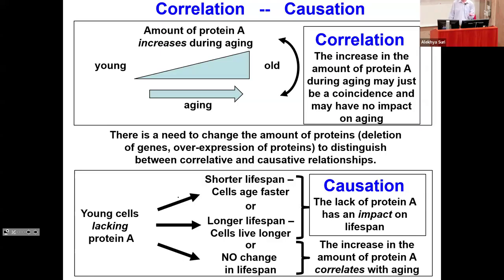So it's less abundant in young organism cells, and it will increase with age. So this means it's a correlation with age, but you don't know necessarily if this protein has anything to do with aging.